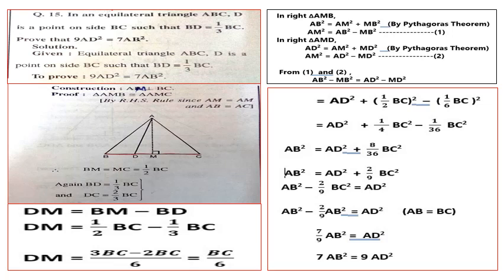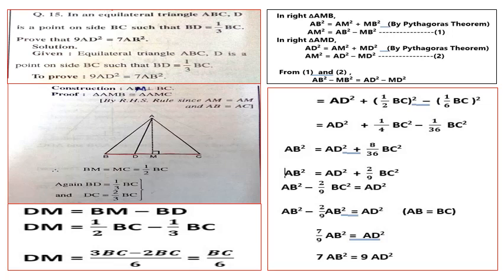Then from the figure, DM is equal to BM minus BD. We know that BM is equal to 1 by 2 BC and BD is 1 by 3 BC. If we substitute these two values in the equation, by taking LCM, we get DM is equal to 1 by 6 BC, or BC by 6.